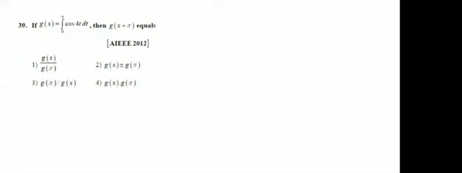Mains question. If g of x is equal to the integral from 0 to x of cos 4t dt. Students, how to do this? First find g of x. Integration 0 to x of cos 4t dt.